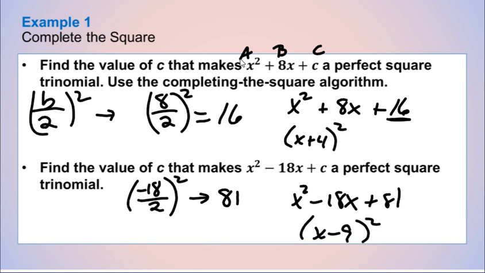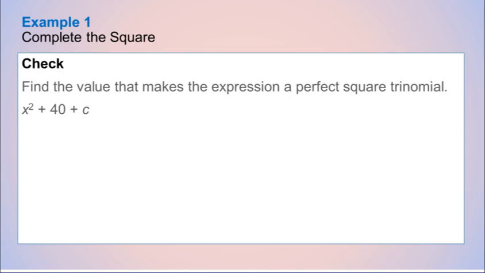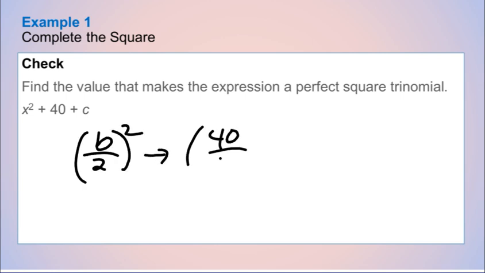But for these two problems, when they're just saying identify the value of c, this would be our c. One more from example 1, I need to find c. So I take my b divided by 2, and I square it, which will be 40 divided by 2 squared. 40 divided by 2 is 20. 20 squared is 400.